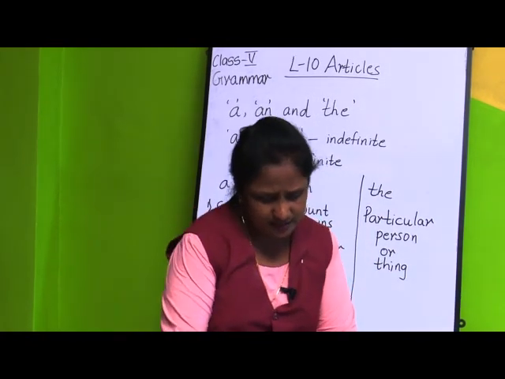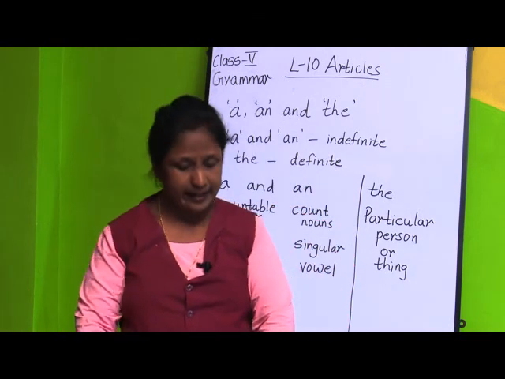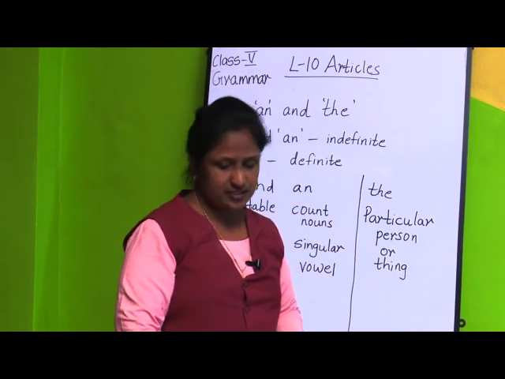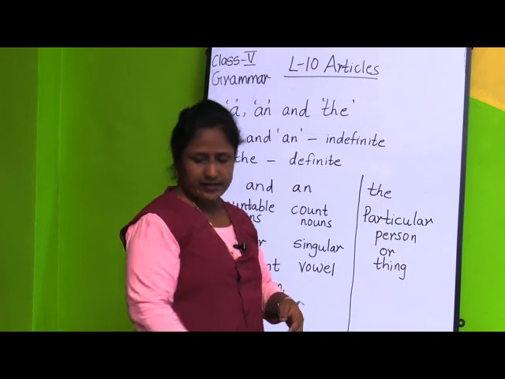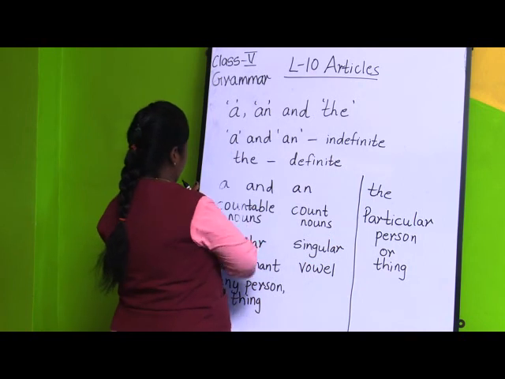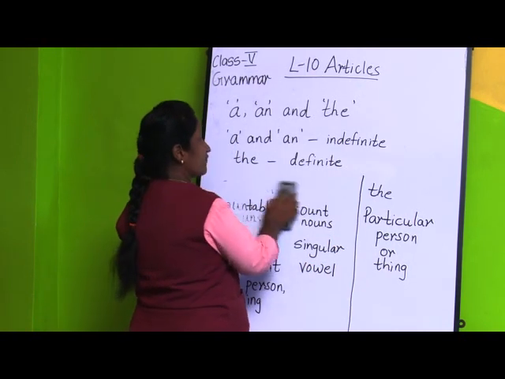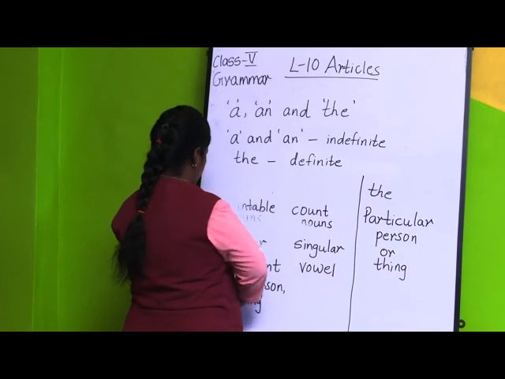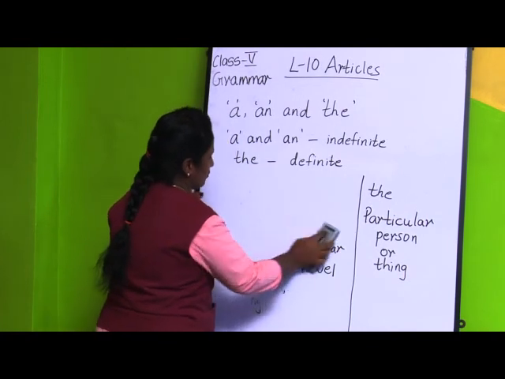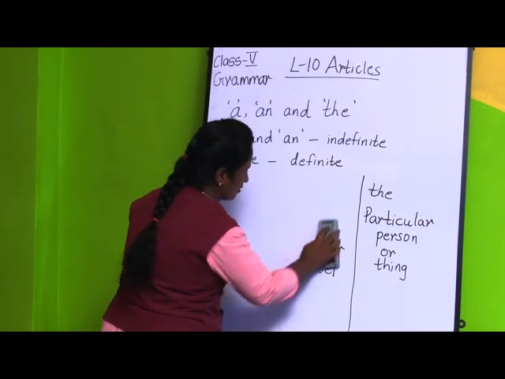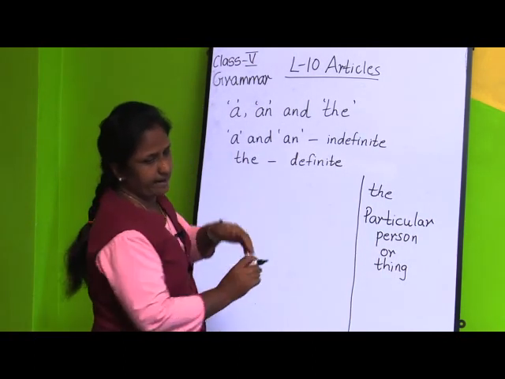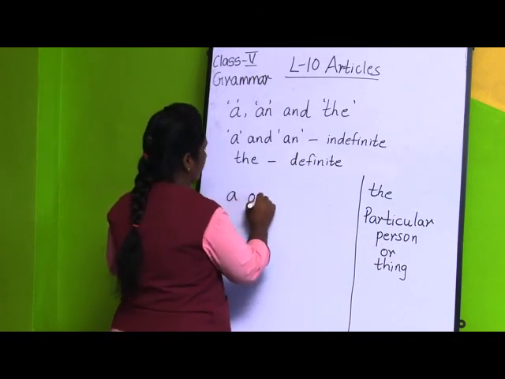So, if you see some more about the articles a and an, when we speak of a person or a thing for the first time, when we are talking about any person or anything for the first time, we use the article a or an.